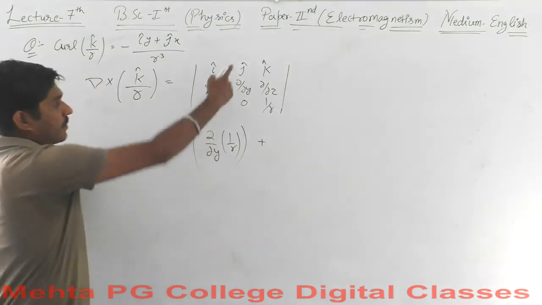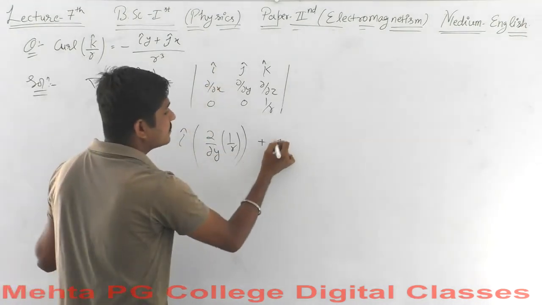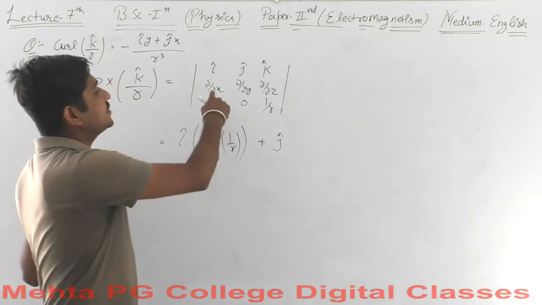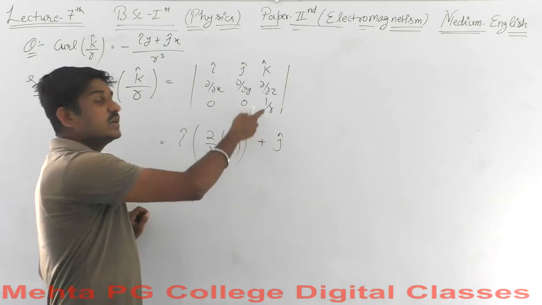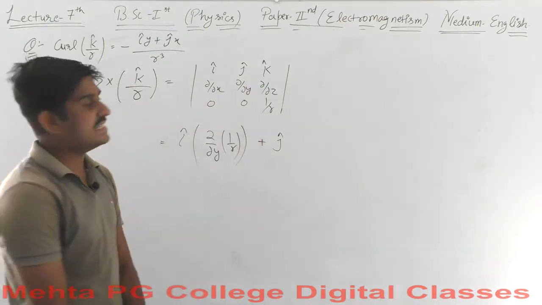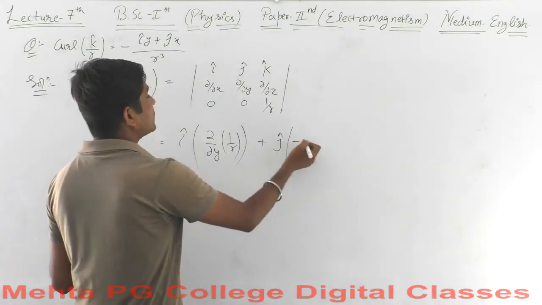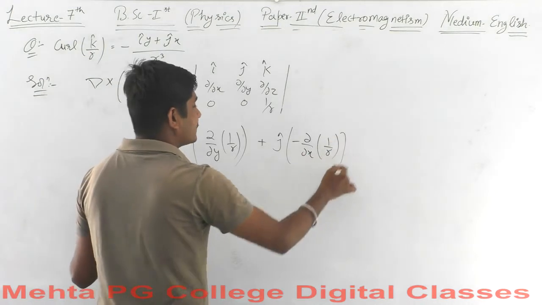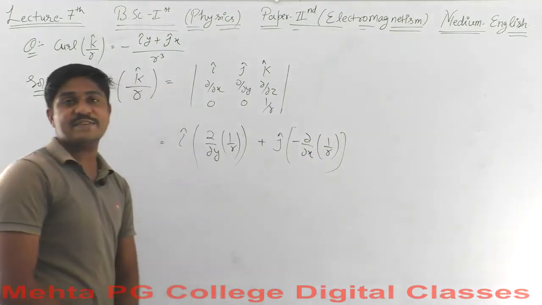Plus we will go for j cap here. When you write j cap positive and proceed in this way, the values here will be negative, so this will be the minus of curly over curly x for 1 over r. So we are supposed to calculate this value here.